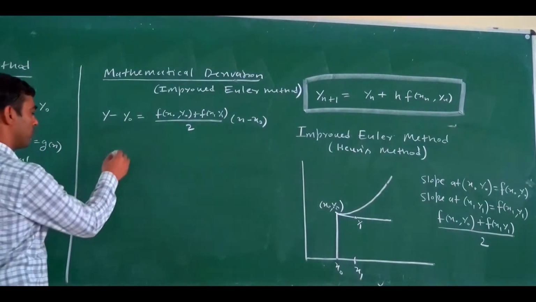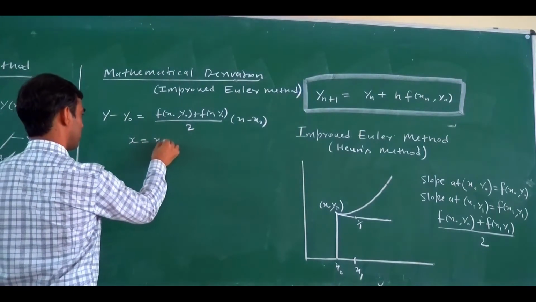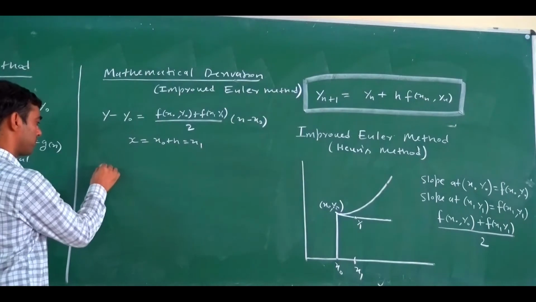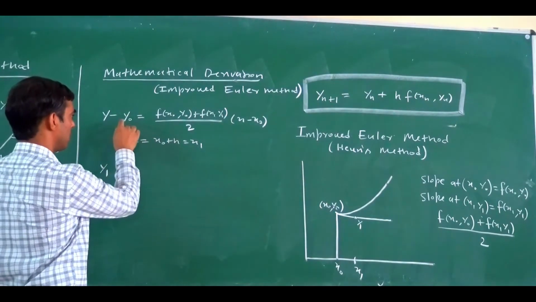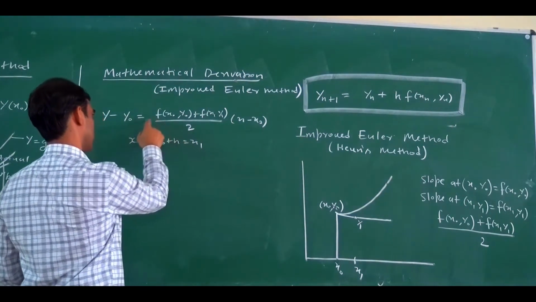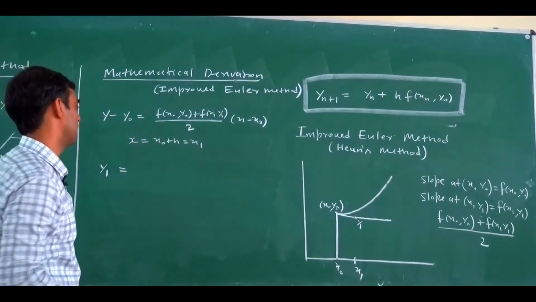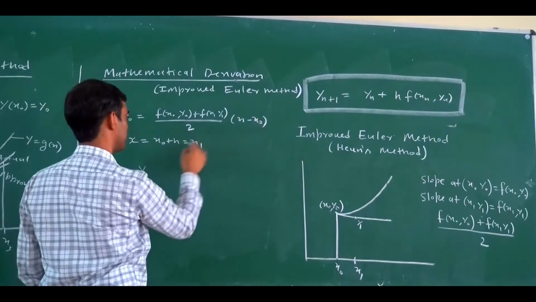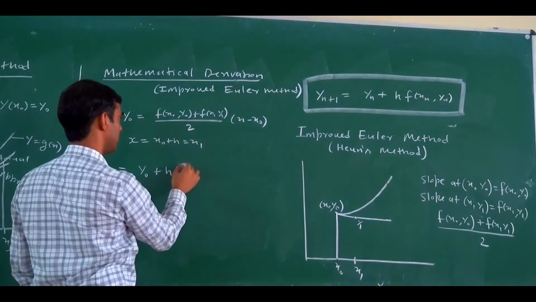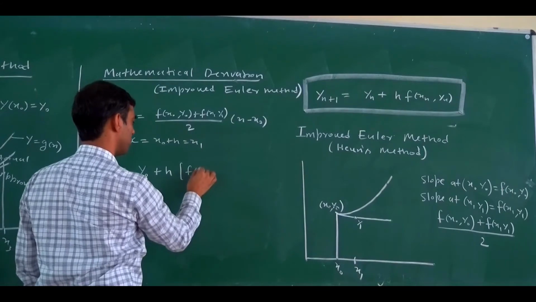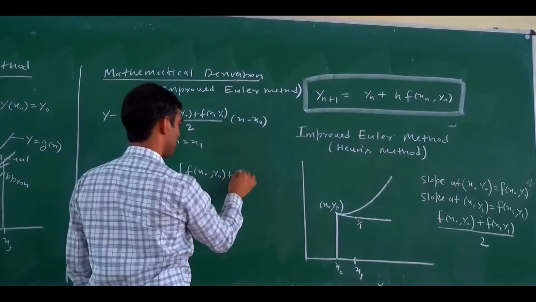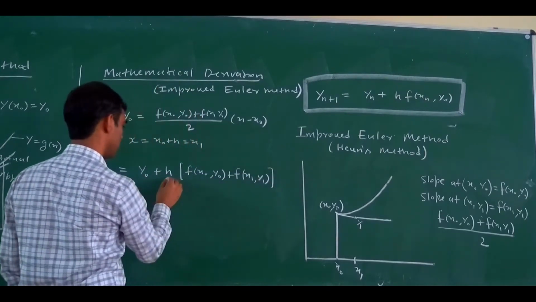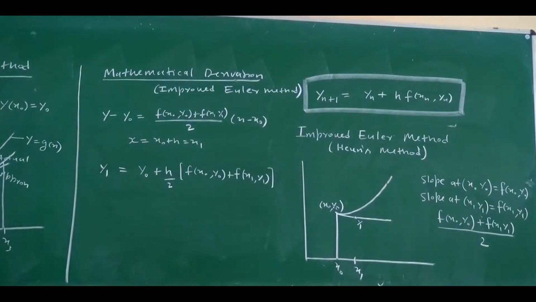If we simplify this and put x equal to x0 plus h, or x1, we find the value for y1. y1 equals y0 moved to the right hand side, plus (x0 plus h minus x0), which becomes h, times [f(x0, y0) plus f(x1, y1)] divided by 2. So this becomes y0 plus h by 2 outside.